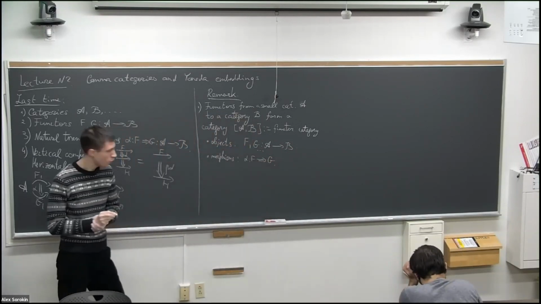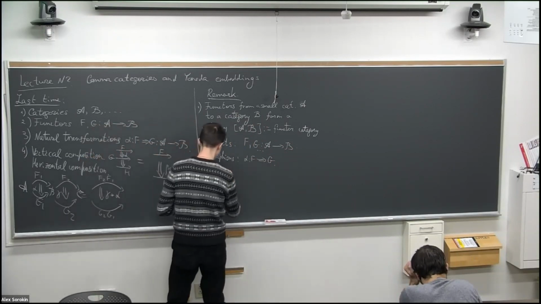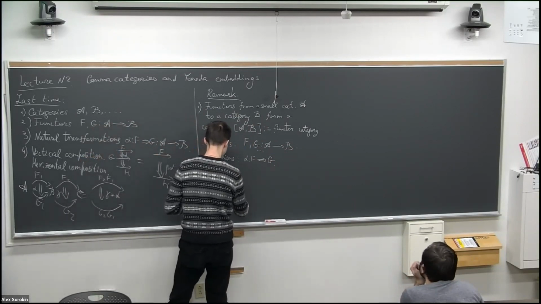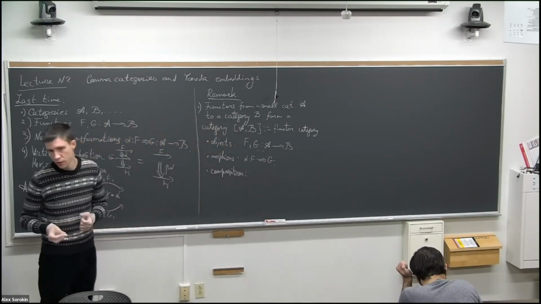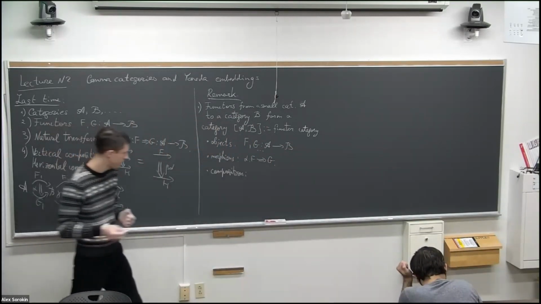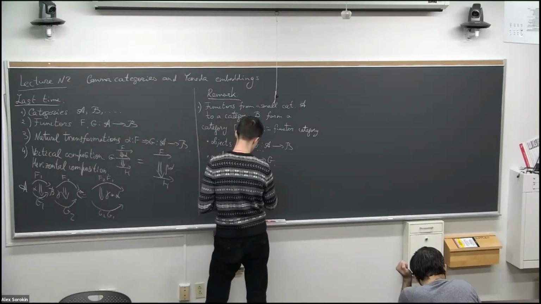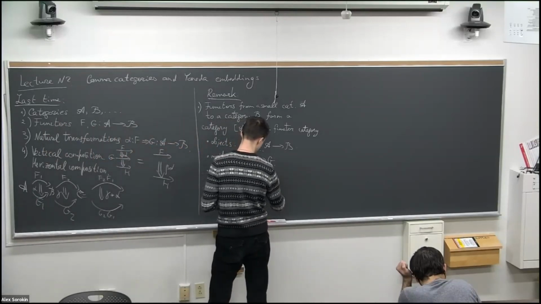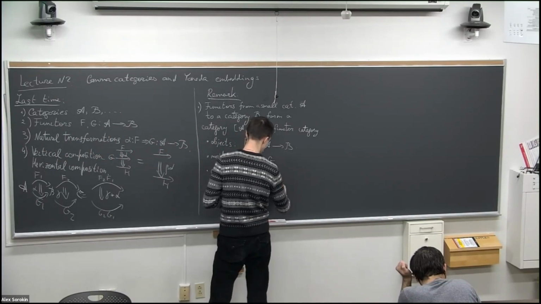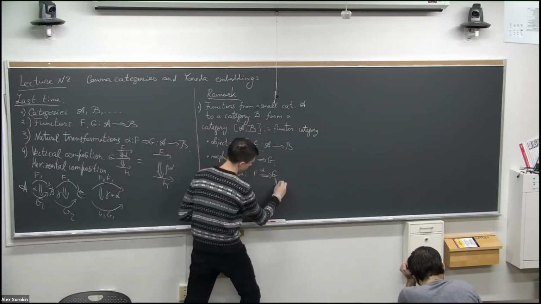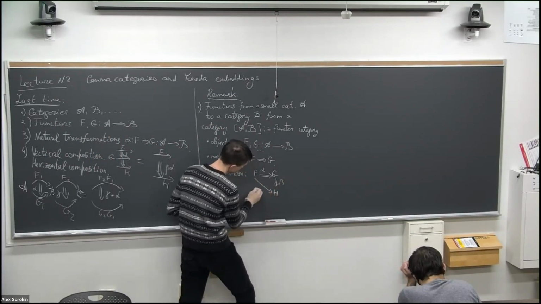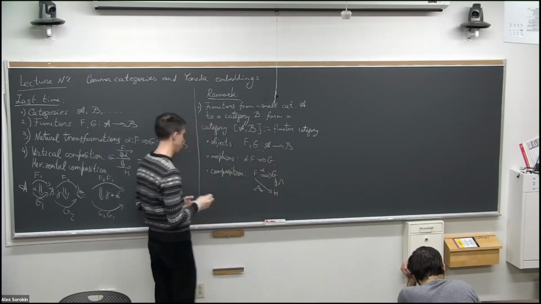The composition is given by the vertical one. So suppose we have F, G, H, with alpha and beta. Here is beta alpha.